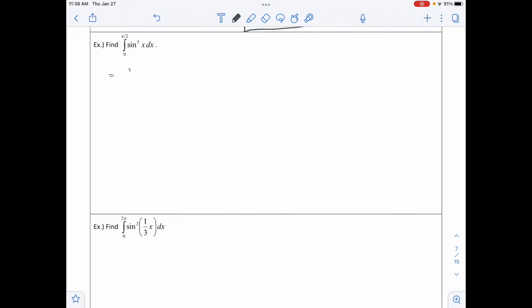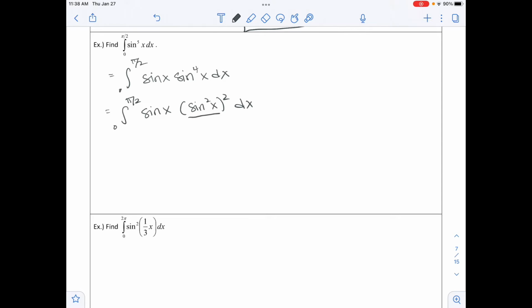So this is going to be the integral from 0 to pi over 2 of sine x times sine to the 4th x dx. And this is the same thing as 0 to pi over 2 of sine x, times sine squared x squared dx.